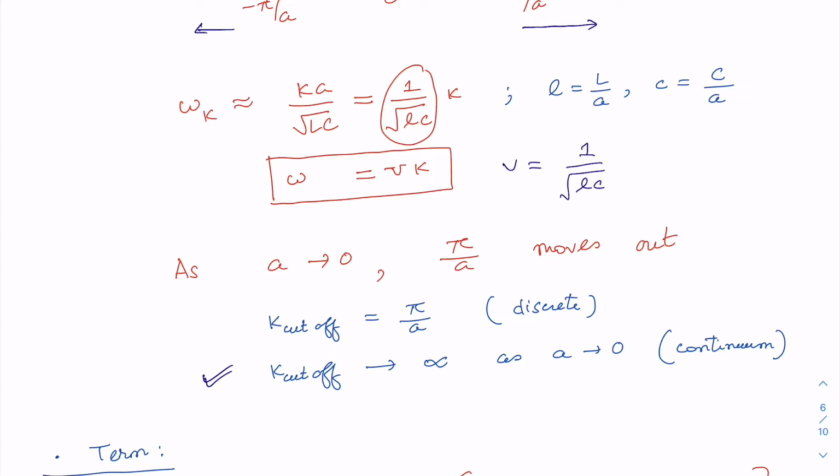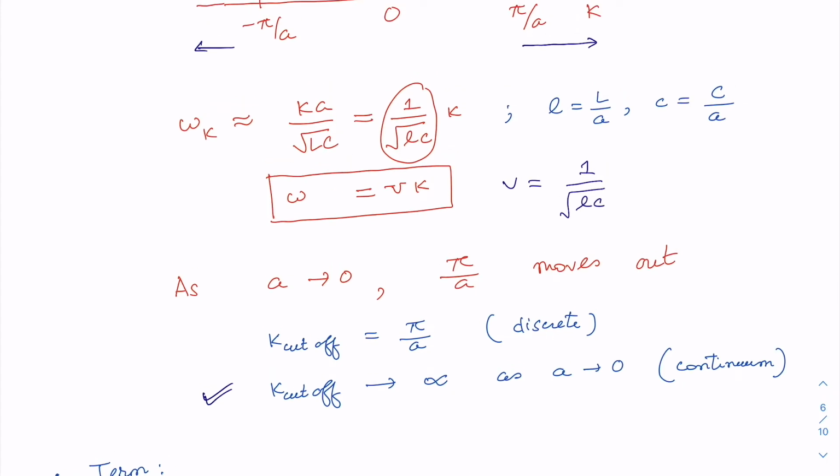And the velocity on the transmission line would simply be given by this expression, where v is 1 by square root of LC. L is the inductance per unit length, and C is the capacitance per unit length.